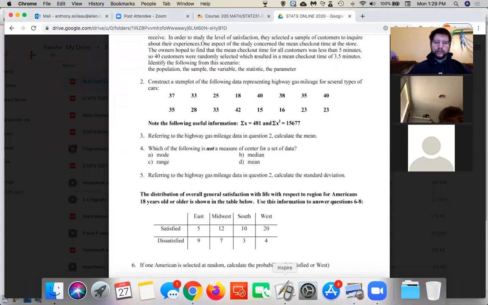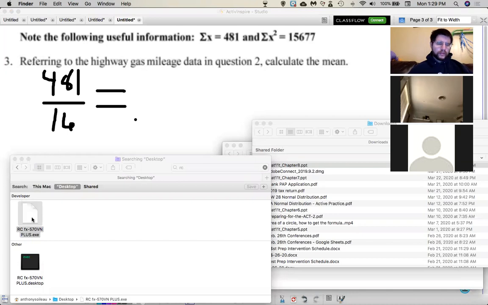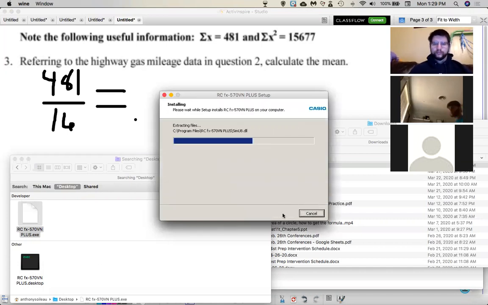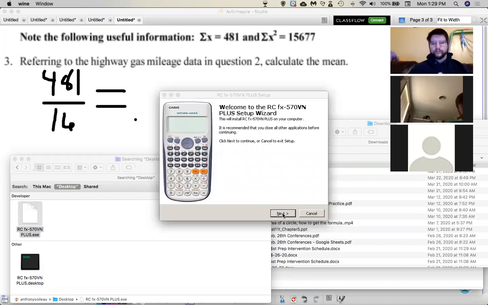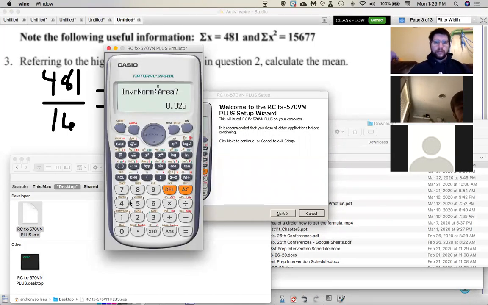It should be popping up any minute now. And if not, well, we can just do this the whole old-fashioned way. 481 divided by 16. Oh, there it goes. 481. Oops, wrong load.